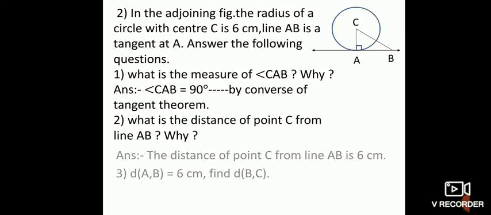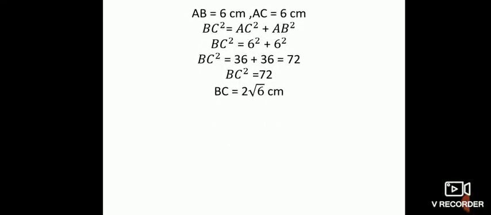The segment BC in the figure is the hypotenuse of triangle ABC. And to find the length of the hypotenuse, we always use the Pythagoras theorem. By using the Pythagoras theorem for this triangle ABC, we can write BC square is equal to AC square plus AB square.